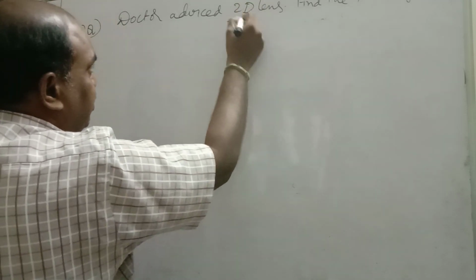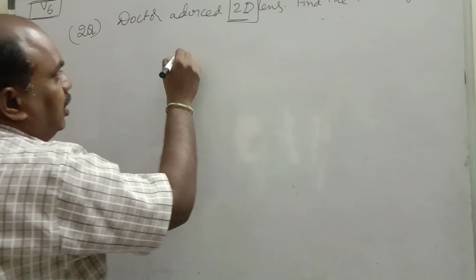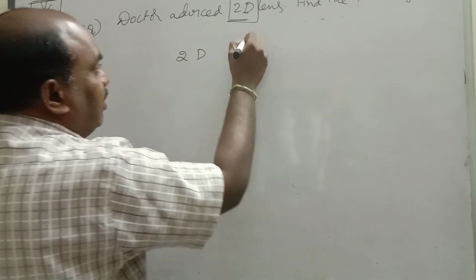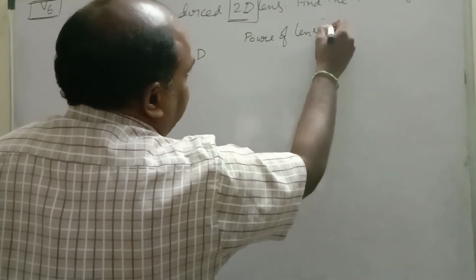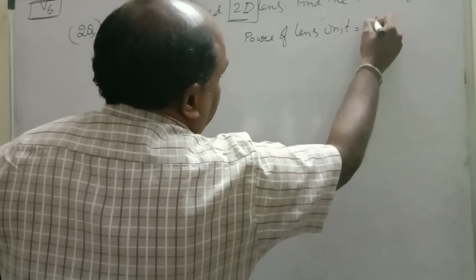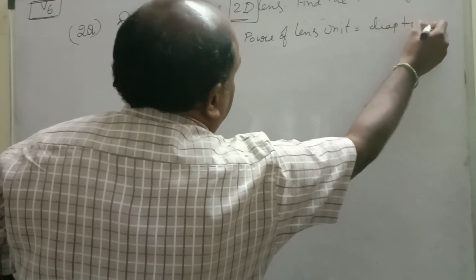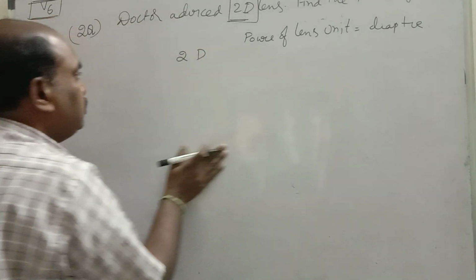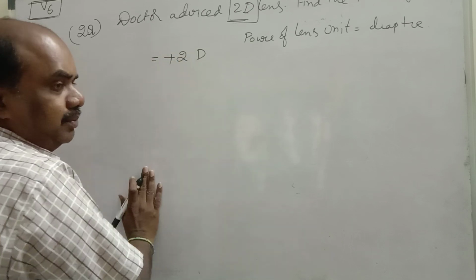From this part we can analyze so much information. 2 diopter: diopter is the unit of power of a lens, denoted by capital D. If nothing is given, no symbol is given, it means it is plus.